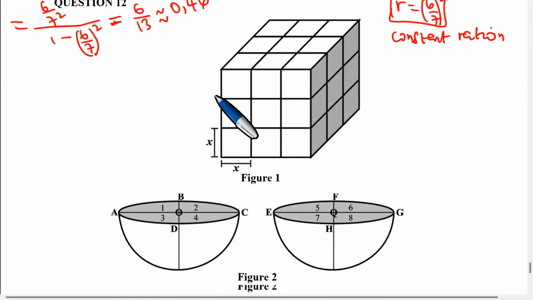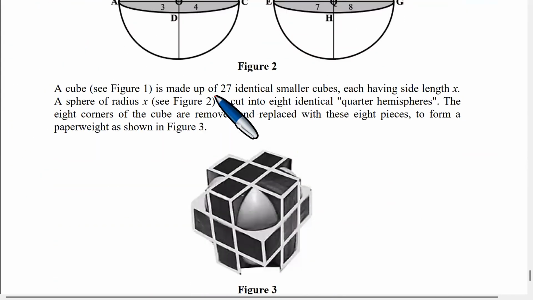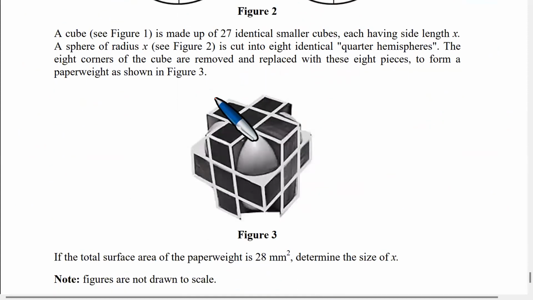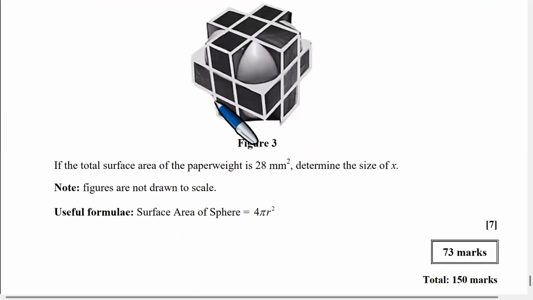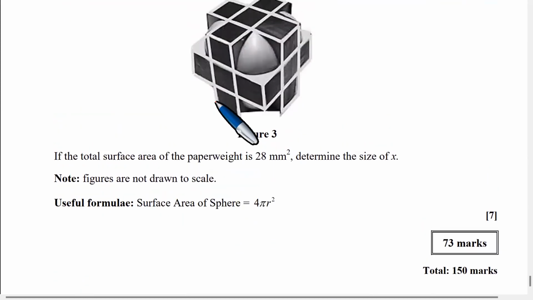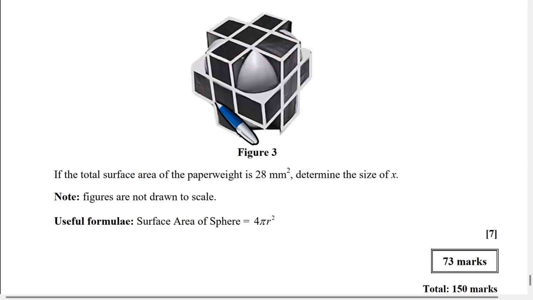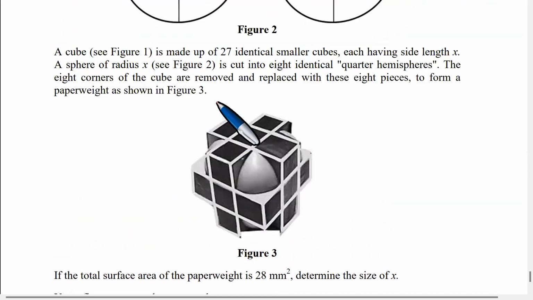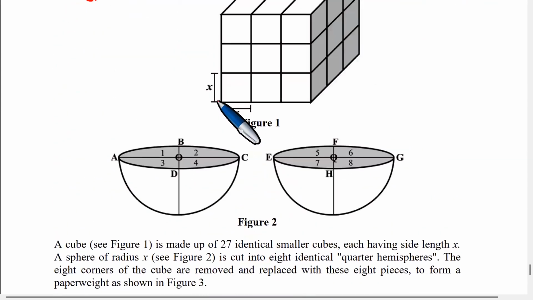Let's see. If you look at this one here, I'm going to be looking at other questions.